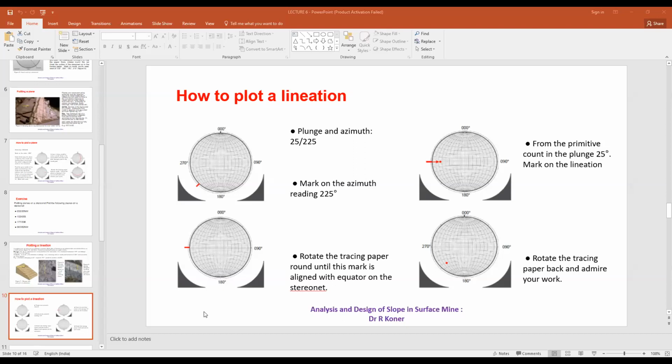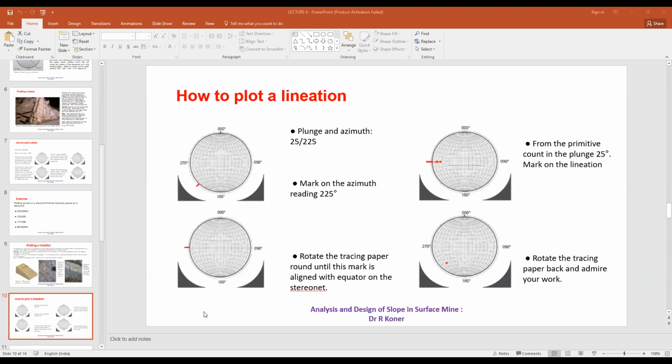Up to this clear? Sir, one more thing. During plotting of lineation, whether we rotate the tracing paper clockwise or anti-clockwise doesn't matter, because after all we are counting plunge from the dip.